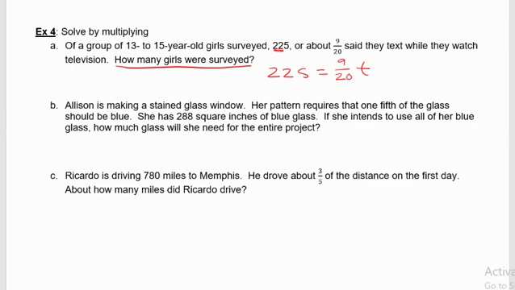So I see this as a fraction, so I'm going to multiply by the reciprocal, by 20 over 9, and I'm going to do that to both sides. And I get a total of 500 girls were surveyed.